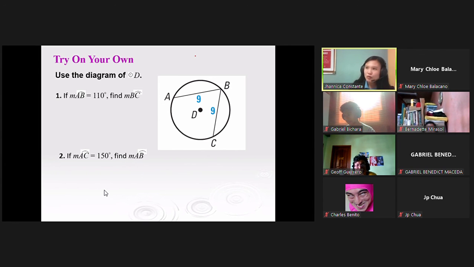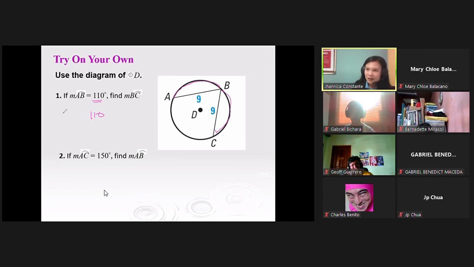If the measurement of arc AB is equal to 110, the measurement of arc BC is also equal to 110. So in this theorem about chords, you don't need to solve for anything. If the two chords are equal, that means the two minor arcs are also equal.